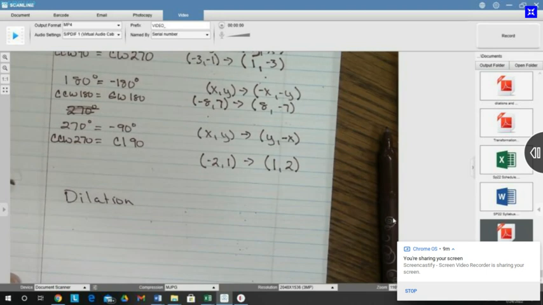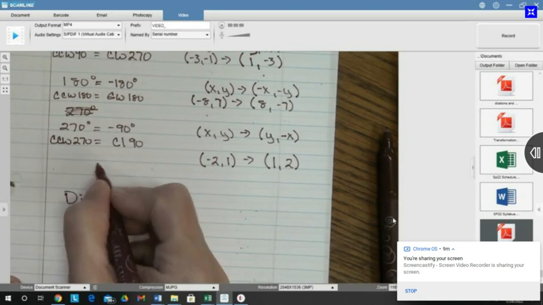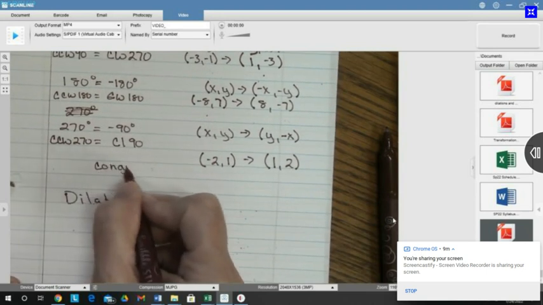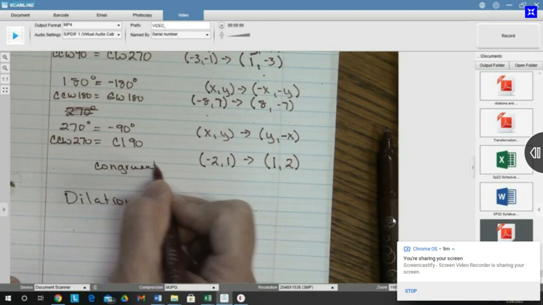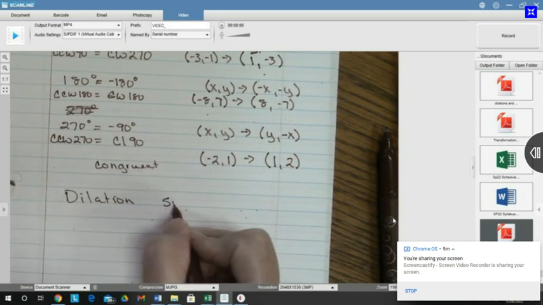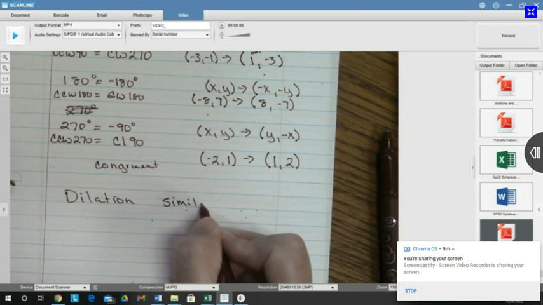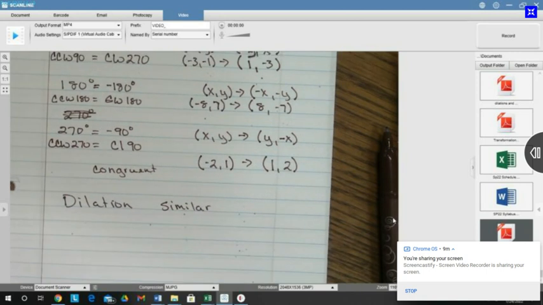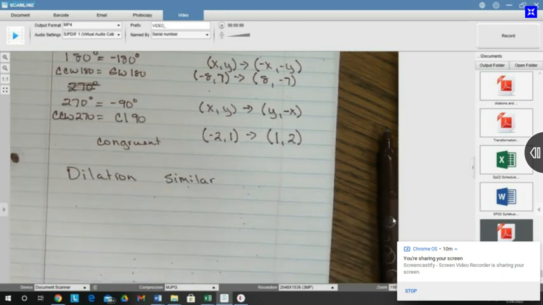When I get done with a rotation, my shapes are congruent. But when I come to a dilation, then my shapes are similar. Because on all the others, the size and shape stays the same. But a dilation, the shape stays the same, but the size becomes different.